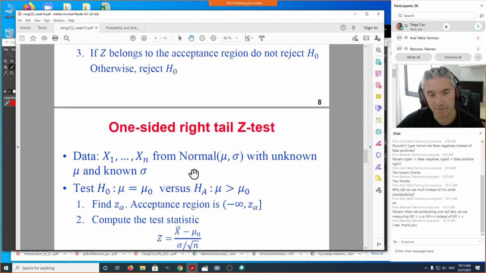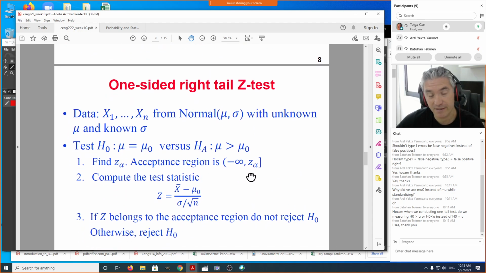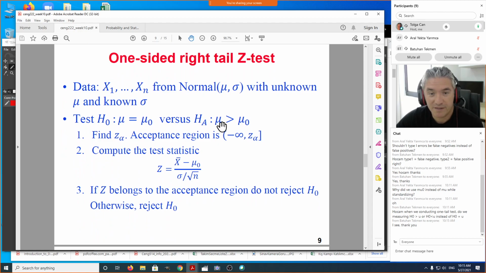And yeah, when we conduct, for example, a one-sided right-tail z-test, the only difference is that the z statistic is exactly the same. Even if it's a one-sided test, H0 is still an equality. Now we're looking for cases where it's greater than, so we're looking for extremities where our z statistic is large.